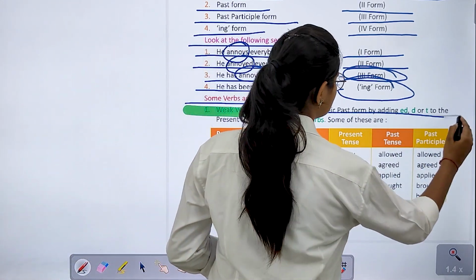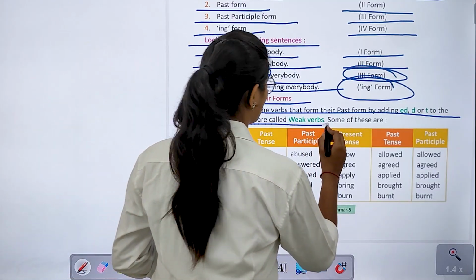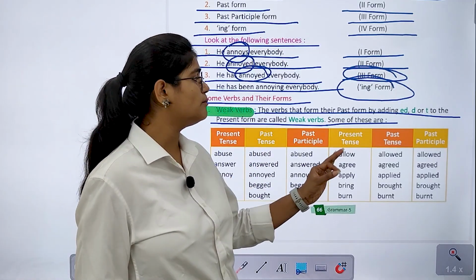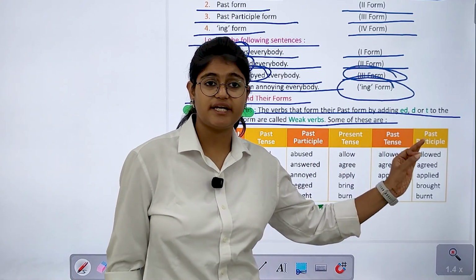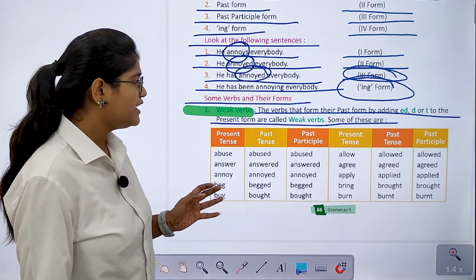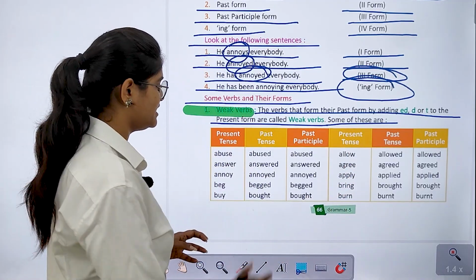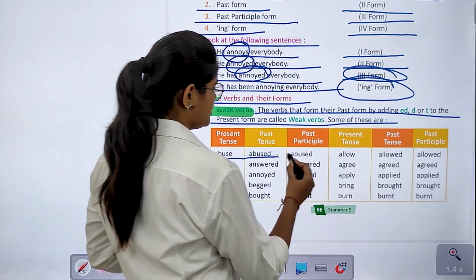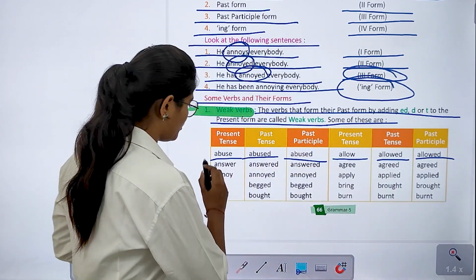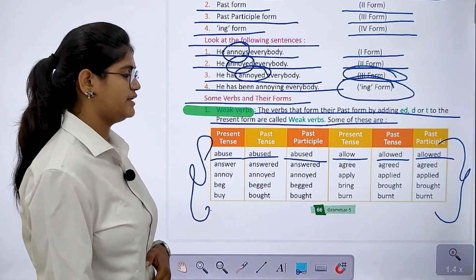The verbs that form their past form by adding ed, d or t to the present form are called the weak verbs. अब वो verbs जो कि past form में convert होती हैं, जिनसे हम उनमें ed, d या फिर t उनके end में add कर सकते हैं, right? उन्हें कहते हैं weak verbs. अब weak verbs के कुछ examples यहाँ पर दिए हुए हैं, जैसे कि abuse, abused, abused, allow, allowed, allowed, right? So all these are the examples of the weak verbs, right?